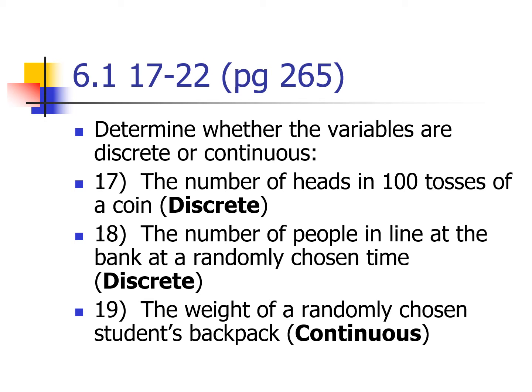That definition is, if it takes only whole numbers as values, then it's going to be discrete. And if instead of taking just whole numbers, it takes values over an entire interval or an entire continuum of values, we're going to call it continuous.